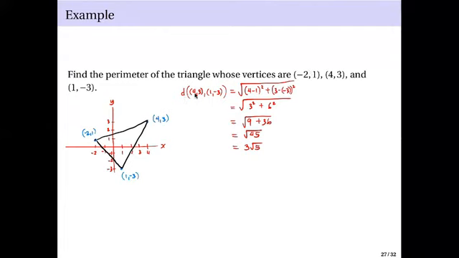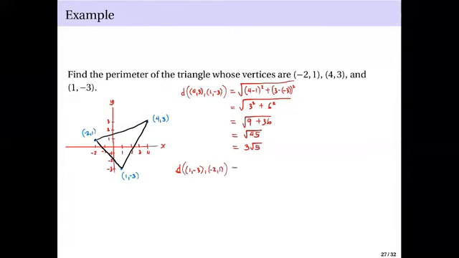Okay. So distance now between 1, negative 3, and negative 2, 1.